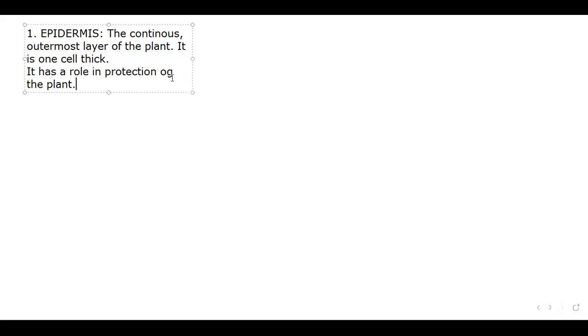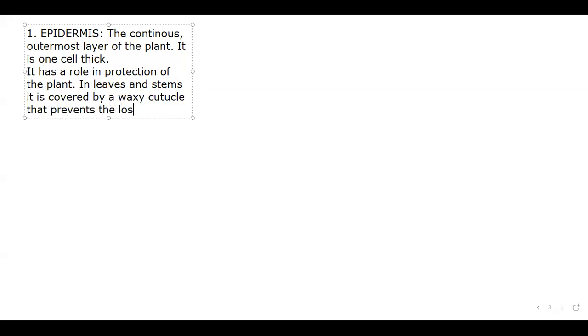How does it have a role in protection of the plant? It has a role in multiple ways, okay? For example, like I just told you, in stems and leaves, it is covered by a waxy cuticle that prevents the loss of water, right?